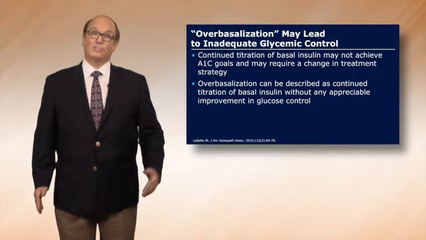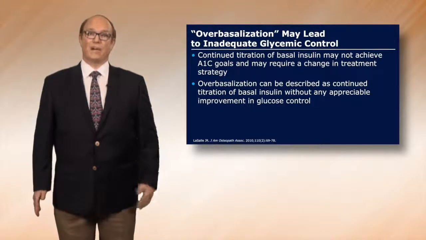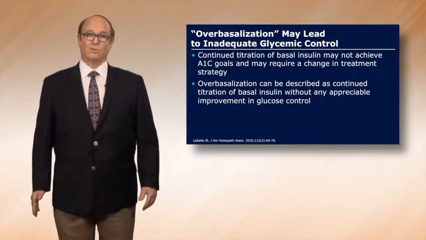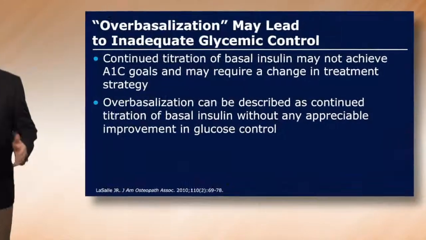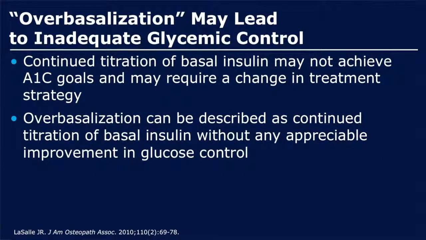However, high doses of basal insulin may not provide control of postprandial glucose and may also increase the risk for hypoglycemia. So how do you know if a patient is receiving too high a dose of basal insulin? A good rule of thumb is this.